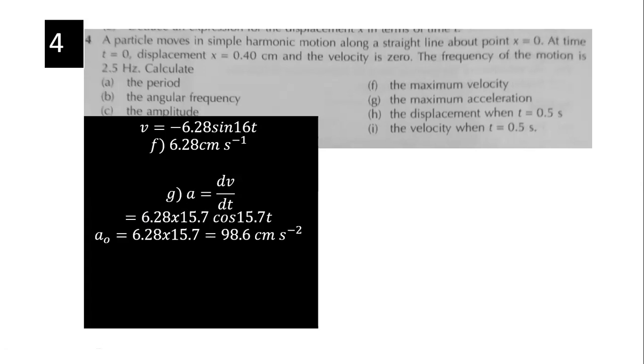Okay. Calculate the displacement when t equals 0.5 seconds. Give me the answer, or work it out. Remember to convert it to radian. Don't use degree. Tell me the answer. Right, you have got the equation.